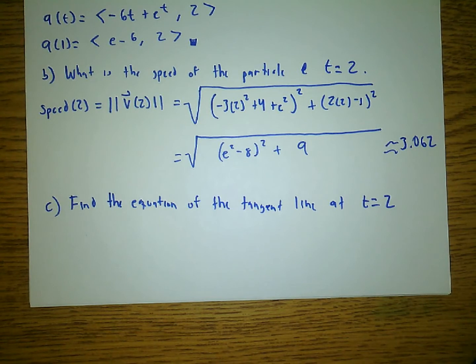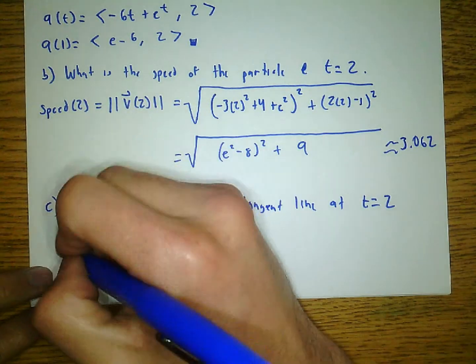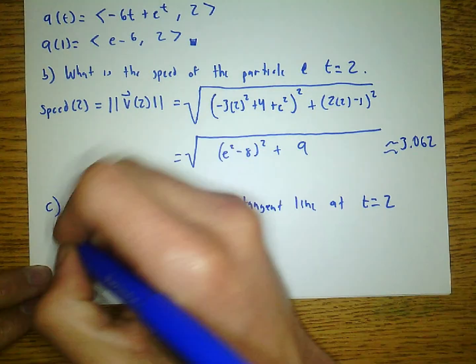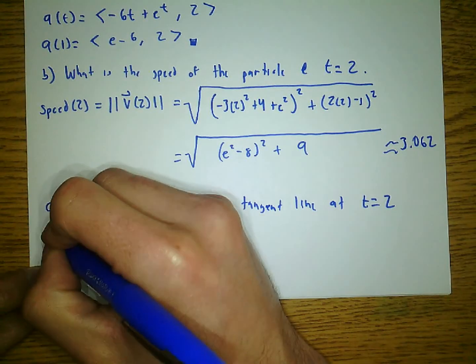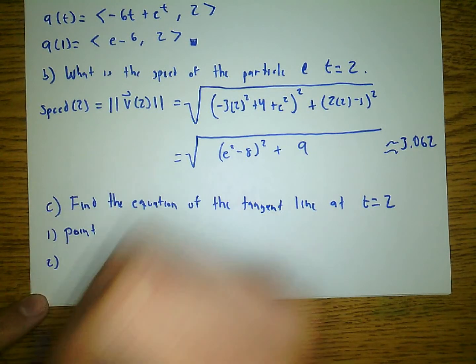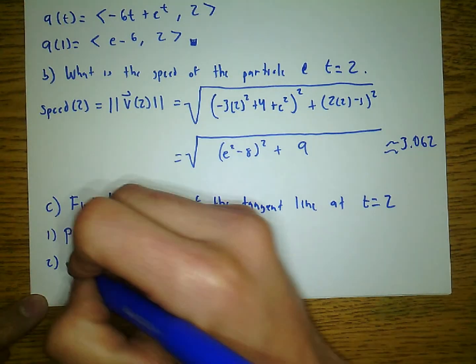Well, let's think this through. In order for me to find an equation of a tangent line, this has been a while since you've done this. What do I need? You need a point. Okay. You need the derivative. So I need a point, and what else? The slope. The derivative.